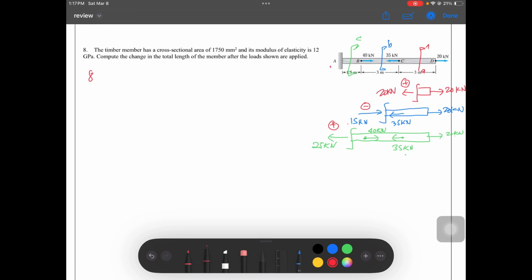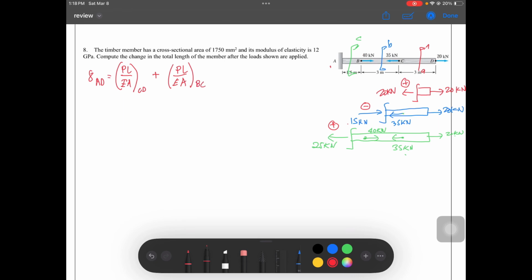So, deformation from A to D is equal to, ano ang formula natin sa deformation? Ay, PL over AE. Tama. So, this is for member CD. And then, for member, ano to?